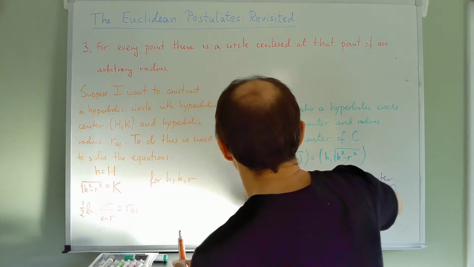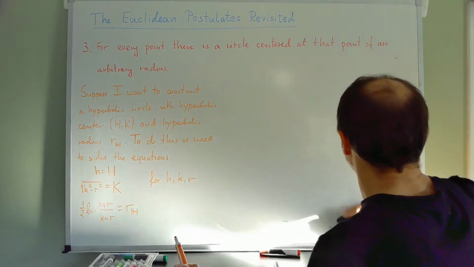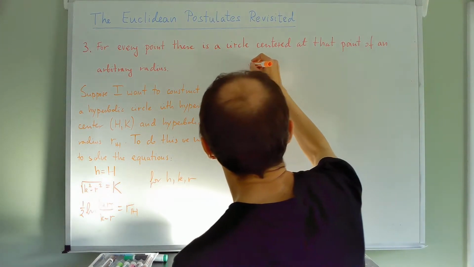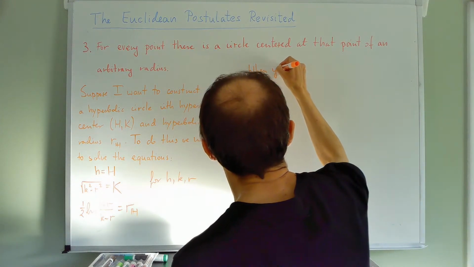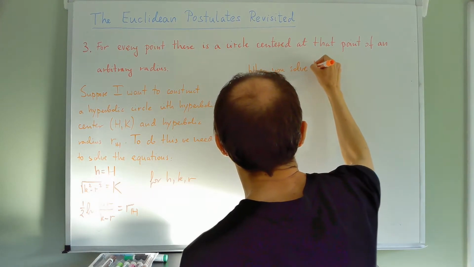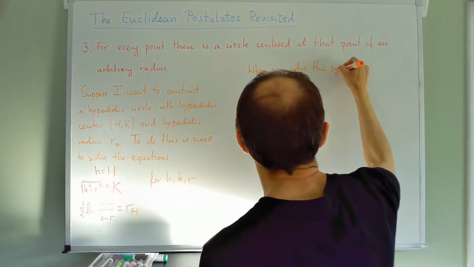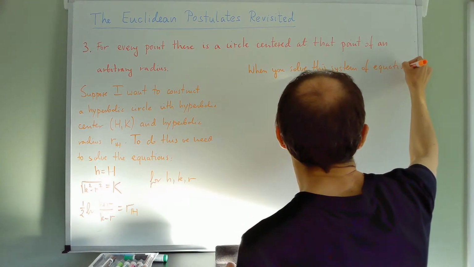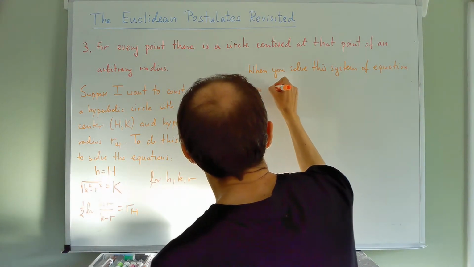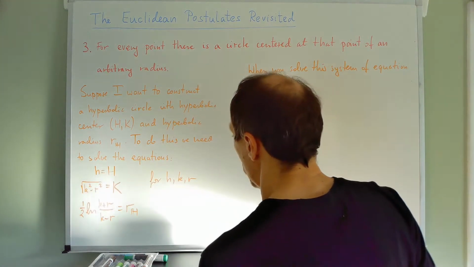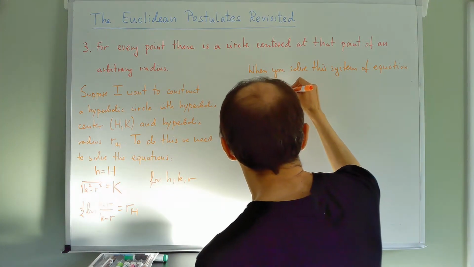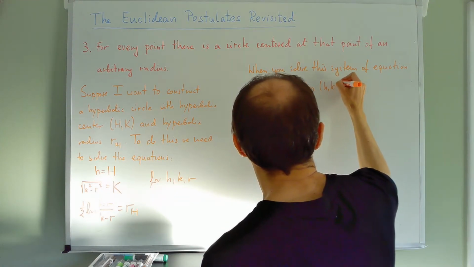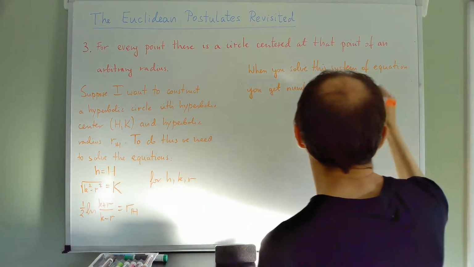And when you solve this system of equations, you get these numbers h, k, and r.